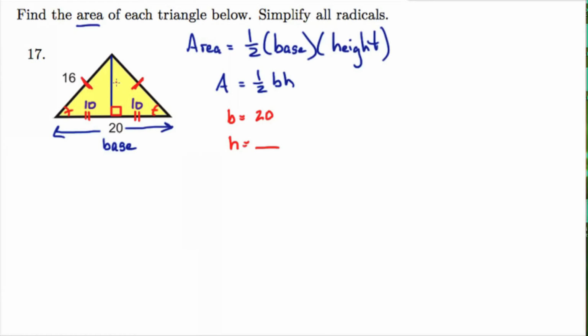So now I have a right triangle with h and 10 being the legs and 16 being the hypotenuse. So find h by using a squared plus b squared equals c squared.